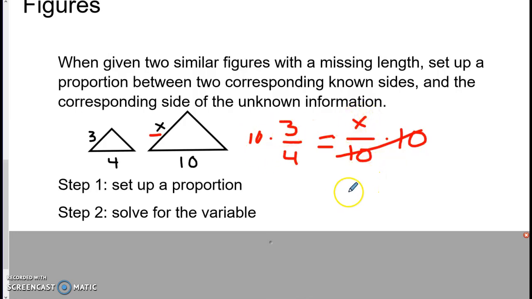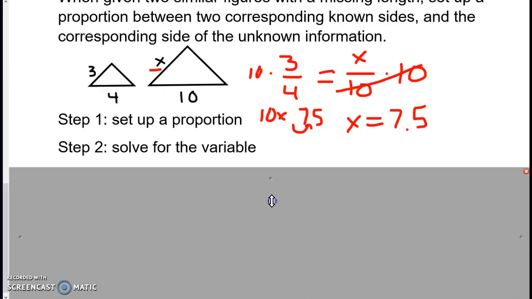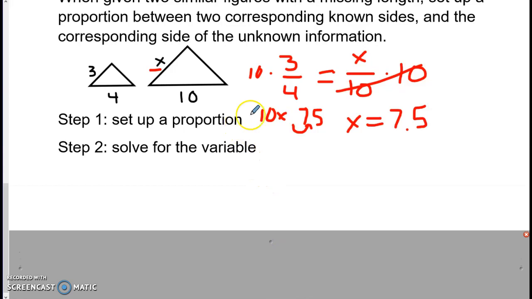Our variable is isolated, and if we think about 3/4 as a decimal, that's going to be 0.75, and if we're multiplying it by 10, we're going to move that decimal over 1, and that gives us x equals 7.5.